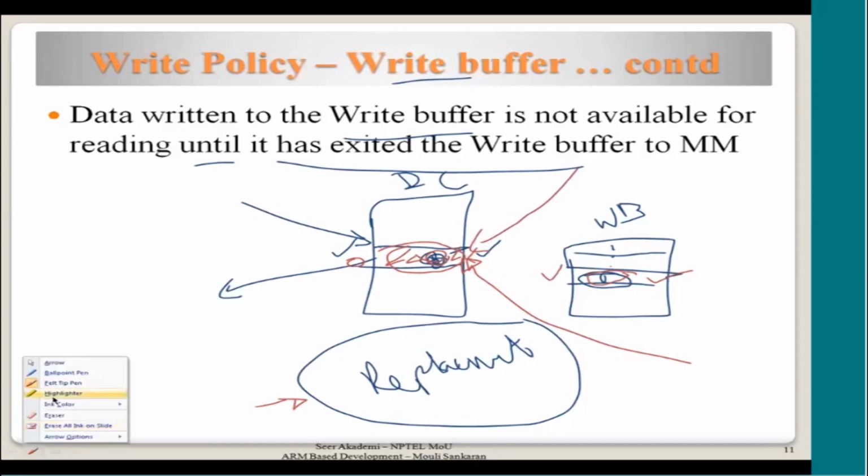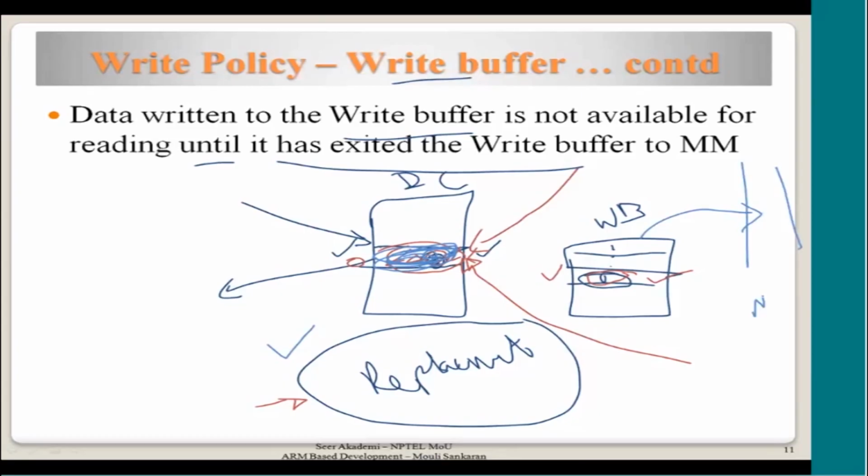Assume that in the same location, new data is brought into the cache. Because it is written into the write buffer, the processor assumes that one day it will go into the main memory. Not one day, within a few cycles it will go into the main memory. So I don't have to worry about keeping this in the cache. I can flush it out and then bring a new value here.